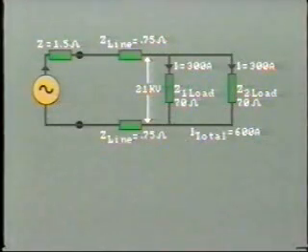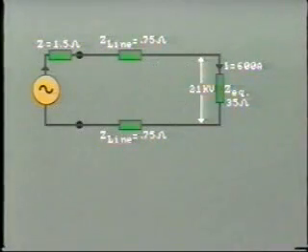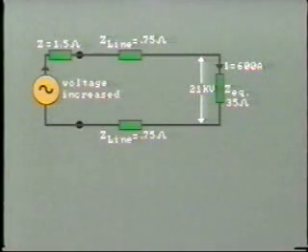Our total load now is 600 amps. Note that when we added load, we effectively reduced the load impedance. In this case, the equivalent impedance of these two loads is equal to 35 ohms. As extra load is added, the voltage at the generator must be increased slightly in order to maintain 21 kV at the load.